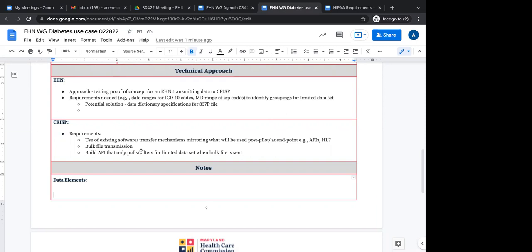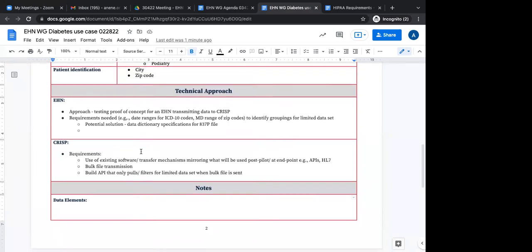Is that what I'm seeing? I'm just looking to make sure that I understand. And then the bulk file is really an X12 bulk file transfer, of either the 837P or the 837. So it was more clarification, David. I wanted to make sure that that was really what they were talking about.